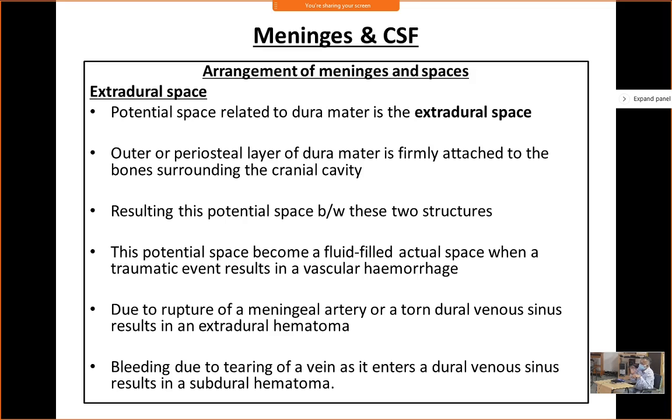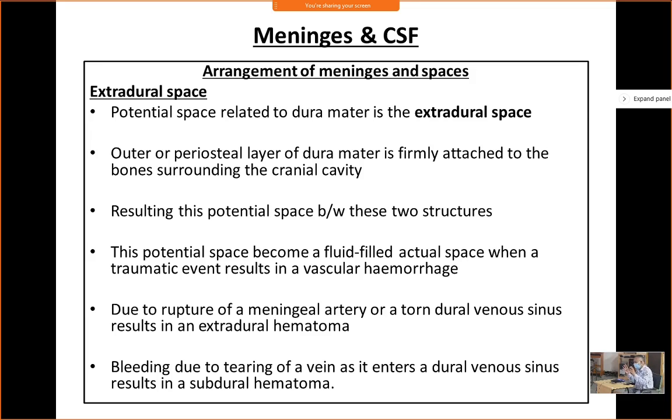When there is a trauma to the skull, what will happen? The blood vessels will get ruptured, and blood will accumulate in the extradural space. The brain tissue is not injured, only the veins are injured.